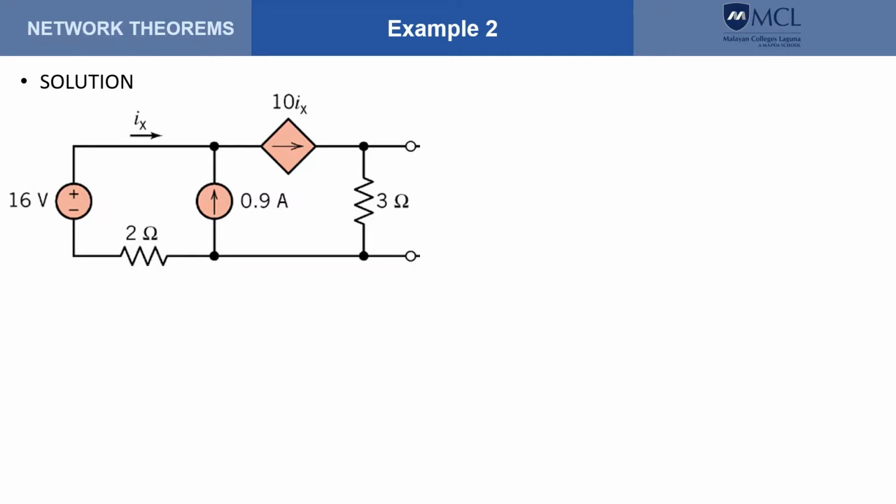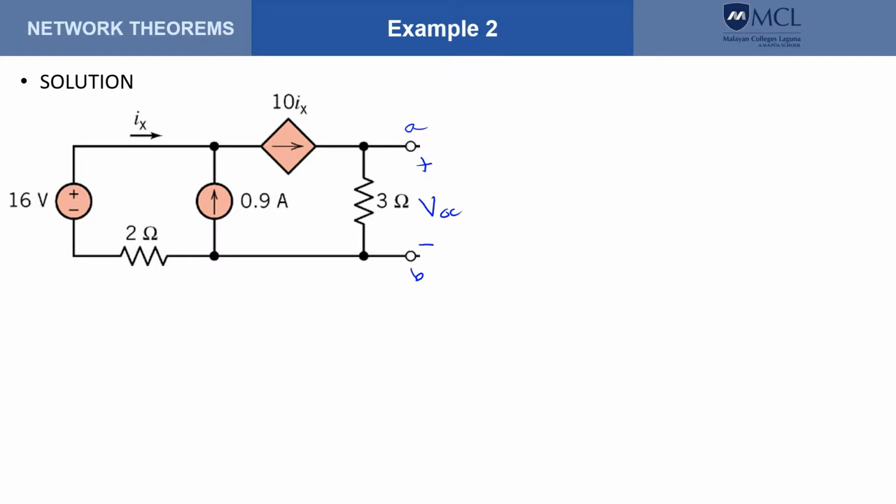Okay, so in order to use case 3, we need to find VTH as well as I sub n. So for I sub n, or VTH, we need to find the open circuit voltage of this open terminals. So let's say this is our A and this is our B.